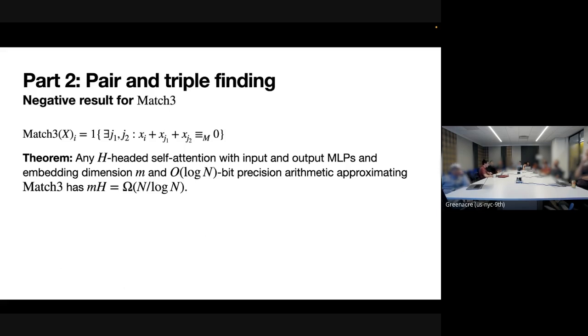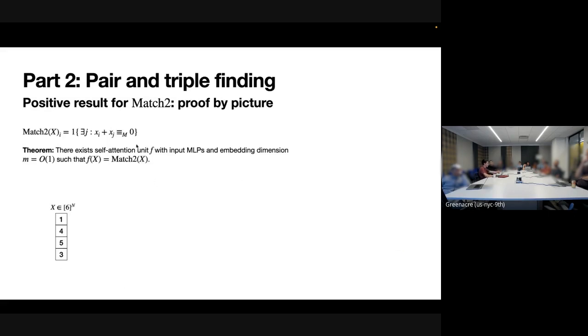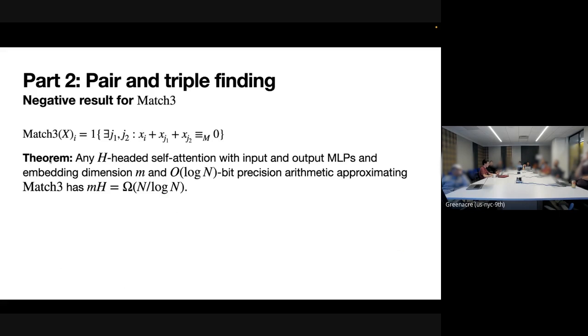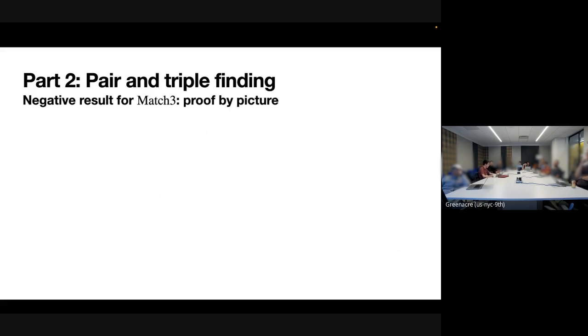In the match 2 case you could have this be a constant, and here it must grow polynomially with the sequence length.